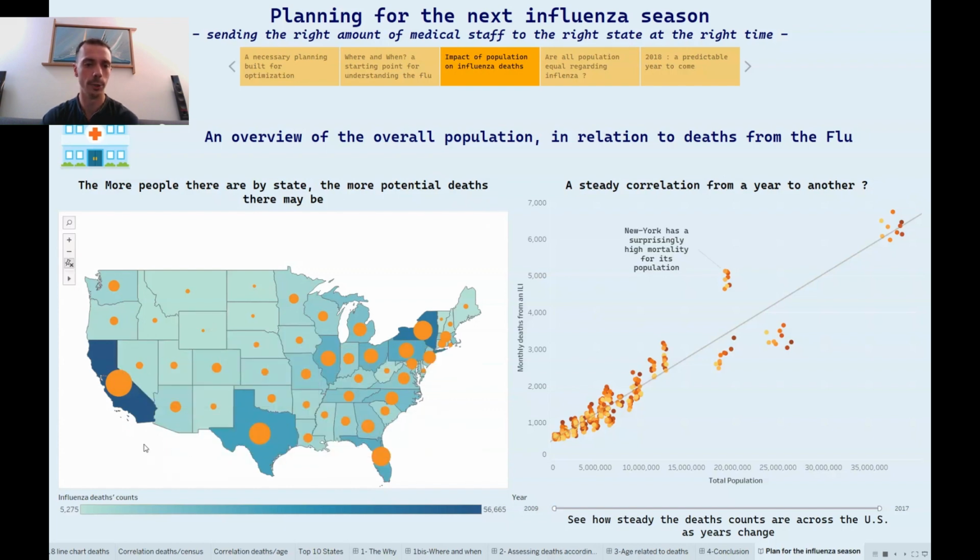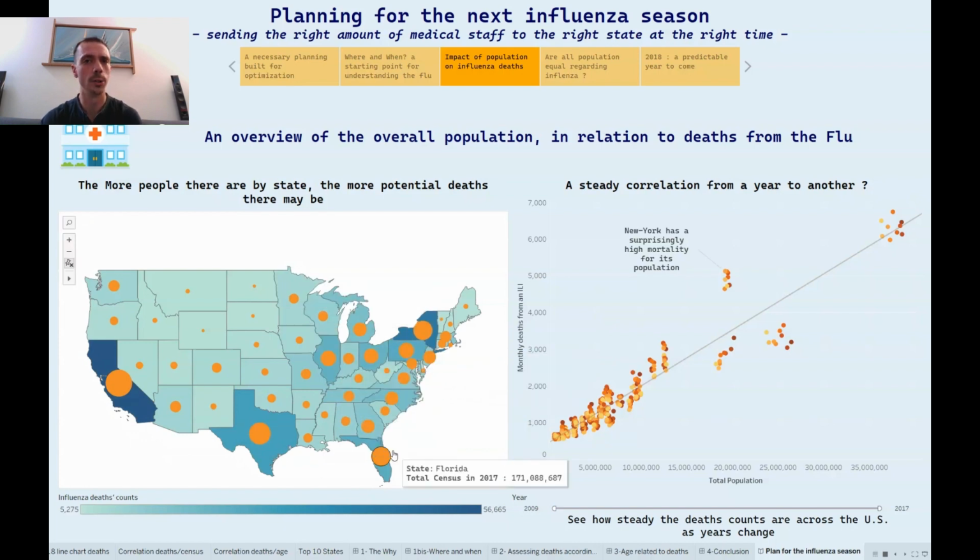Here on the map now it shows population in relation to mortality. Population, the bigger the dots, the darker the blue. A big dot on New York, a dark blue, California also.